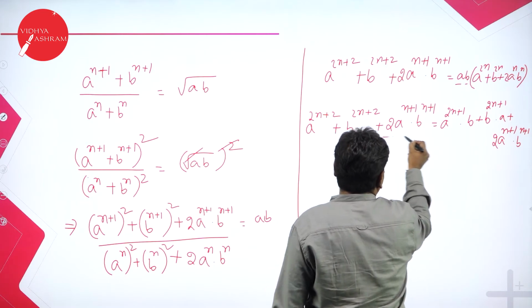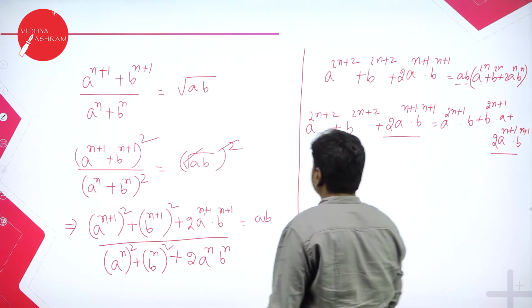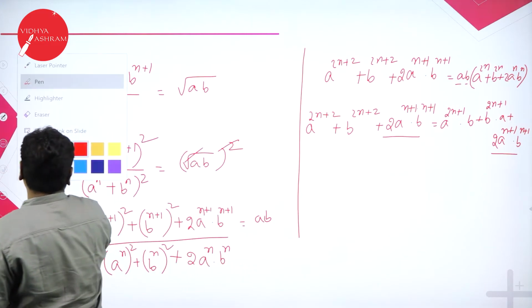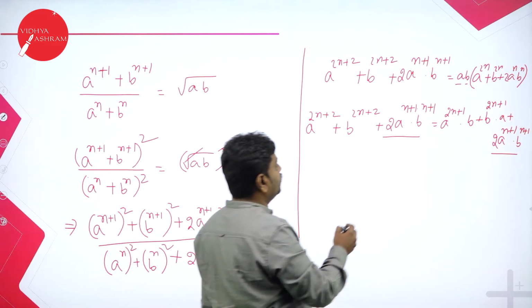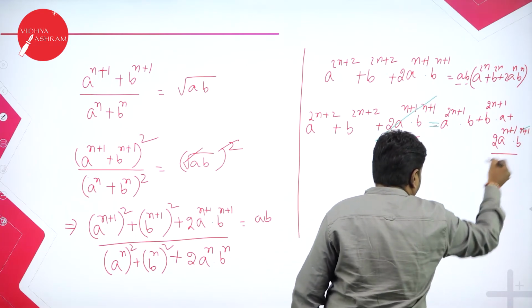Here also I have 2 into a^(n+1) b^(n+1). Here also I have 2 into a^(n+1) b^(n+1). On both the sets we have same terms, I can cancel this directly.